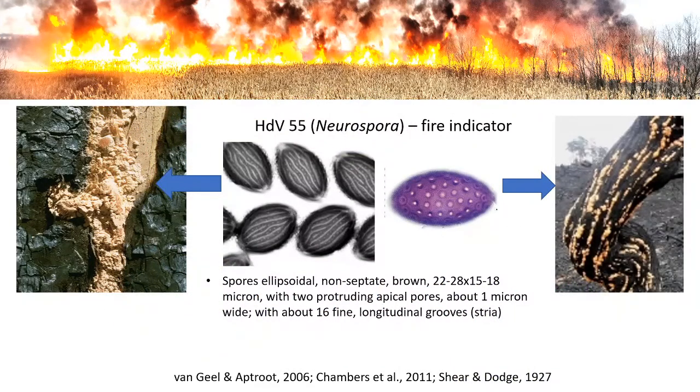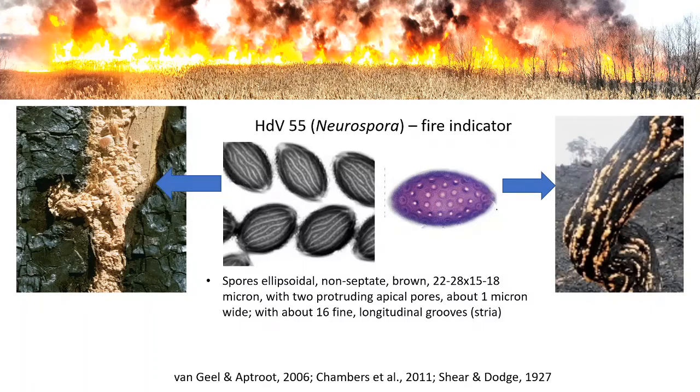After the fire, specific fungal spores can be formed, namely Neurospora, and the ascospores do not germinate under ordinary cultural conditions. But they grow readily after having been subjected to moist heat at 65 to 70 degrees for a few minutes, and therefore these spores can be used to reconstruct past fire episodes.